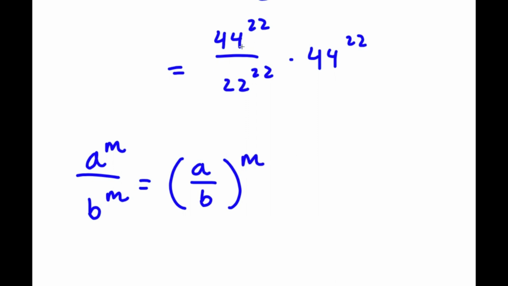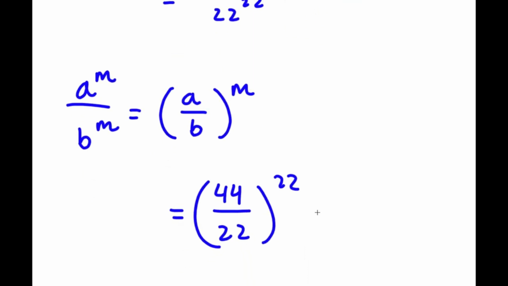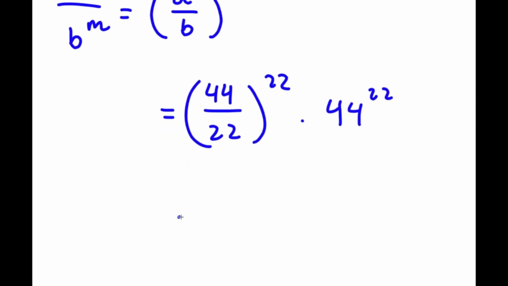So in this case, 44 to the power of 22 over 22 to the power of 22, that's going to equal (44 over 22) to the power of 22. And now I have this times 44 to the power of 22. Now 44 over 22, that's simply equal to 2. So now I have 2 to the power of 22 times 44 to the power of 22.